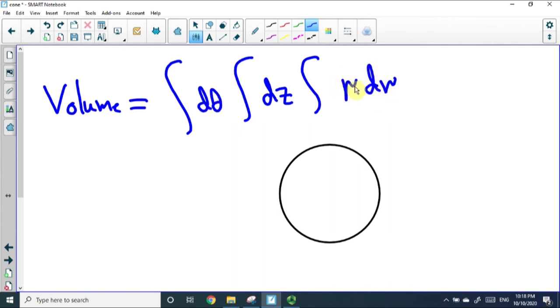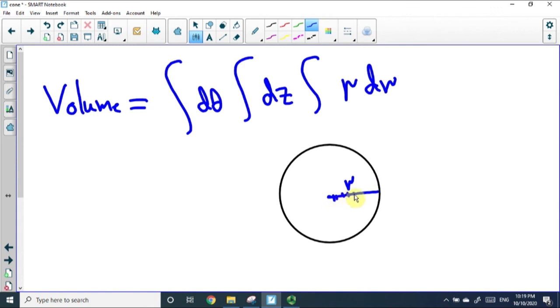To do this, I'm going to cut the cone in a horizontal slice. That's at z height, which is constant. At a constant z, I'm going to get a disk. So this disk will have a radius r. Now, I'm taking pieces of this r.